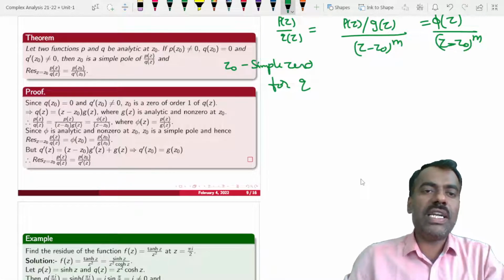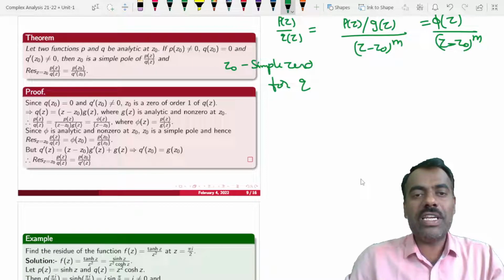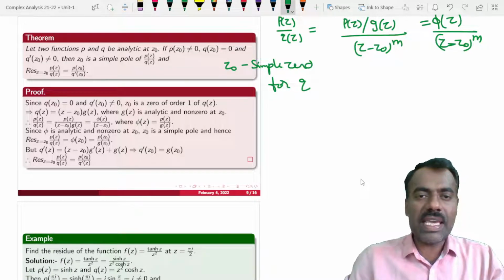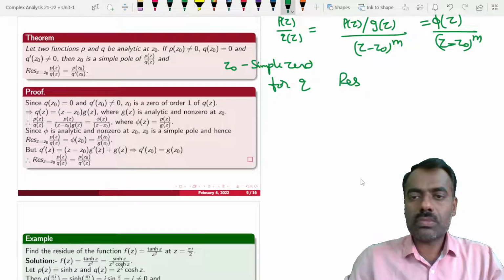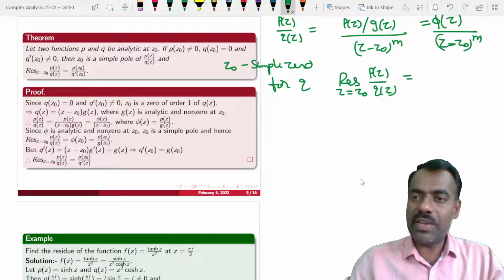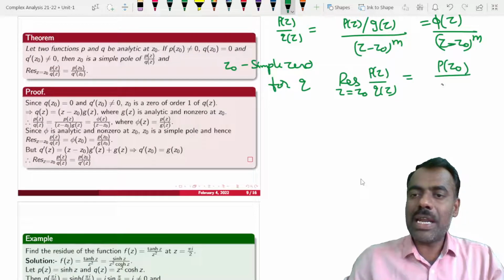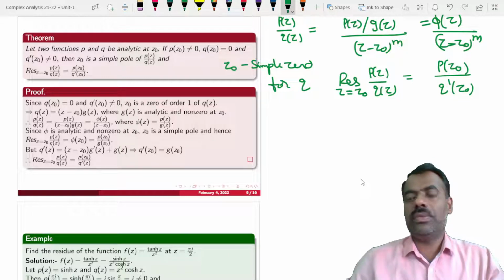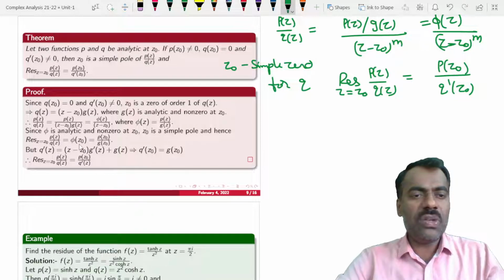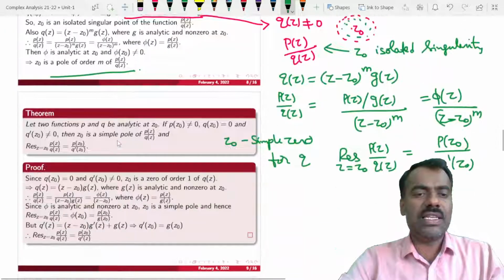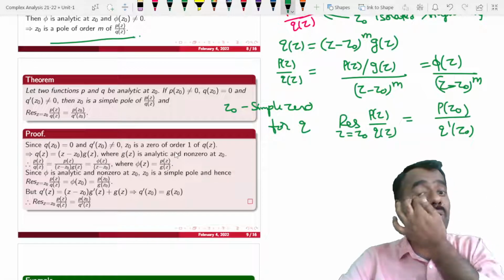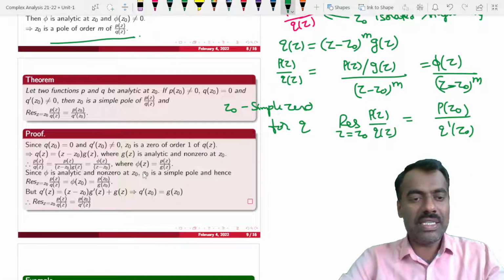So therefore z naught will become a simple pole for p of z by q of z, and in this case the residue of this function p of z by q of z at z equal to z naught is simply given by p evaluated at z naught by q dash of z naught. Okay, and this follows just by this previous result. Because it is a 0 of order 1, you can express it in this form.